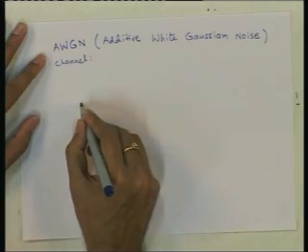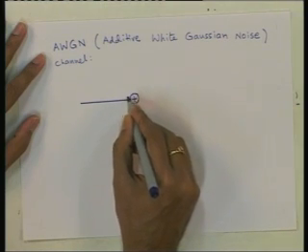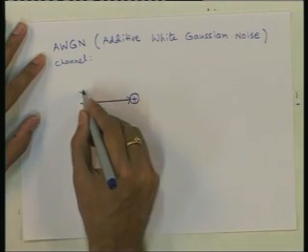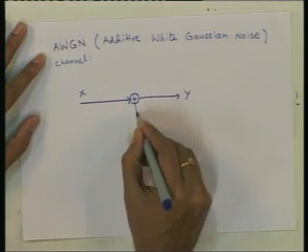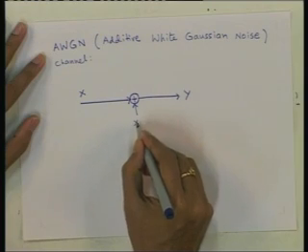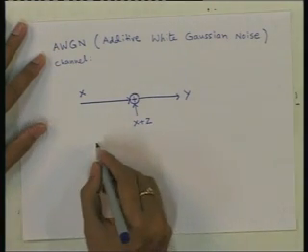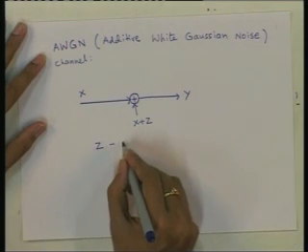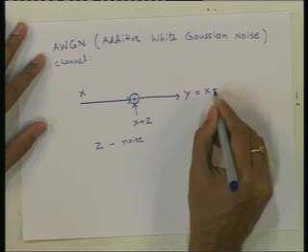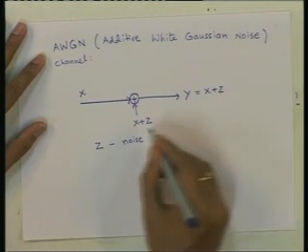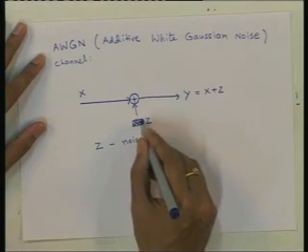Here we have the channel through which we can transmit a real value x, the received value is y, and y is nothing but x plus some noise z. Sorry, this is simply z, z is being added, this is noise.